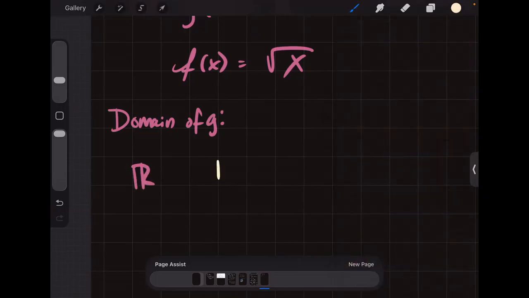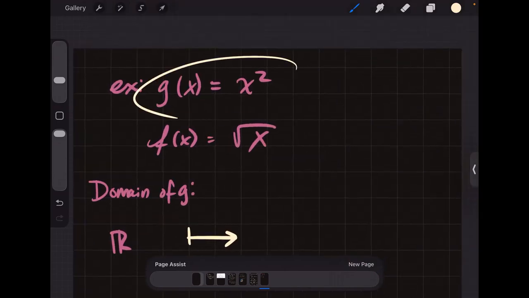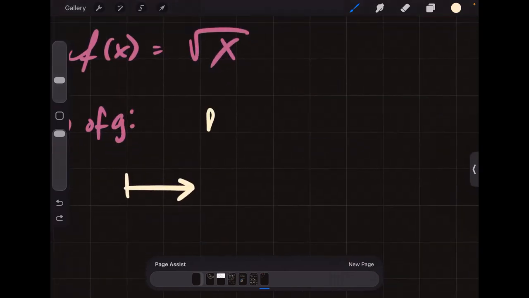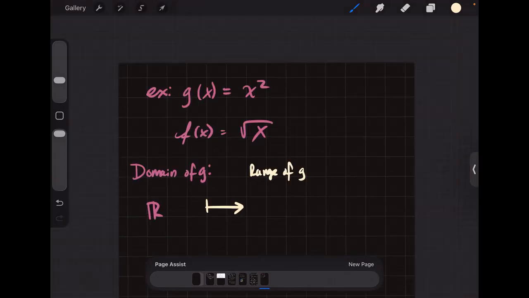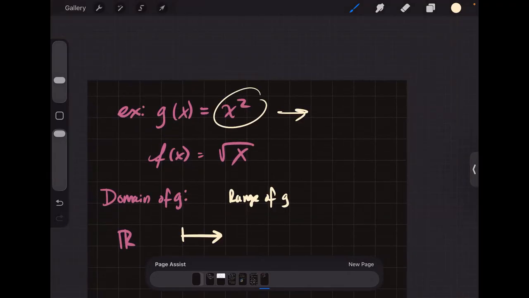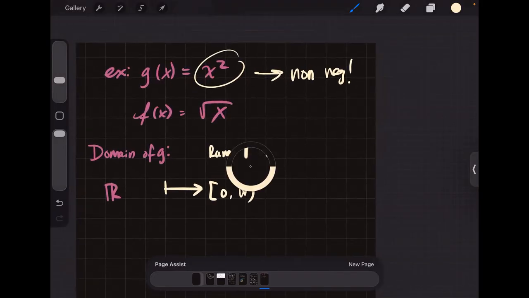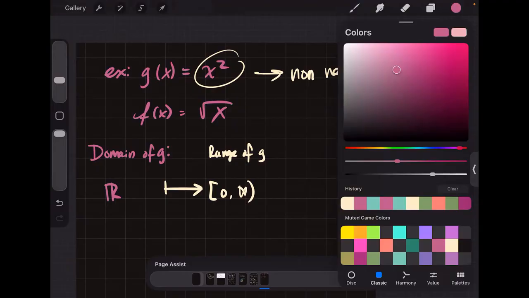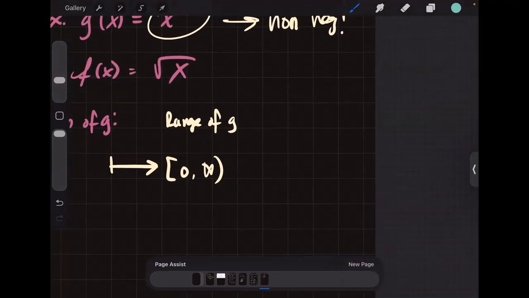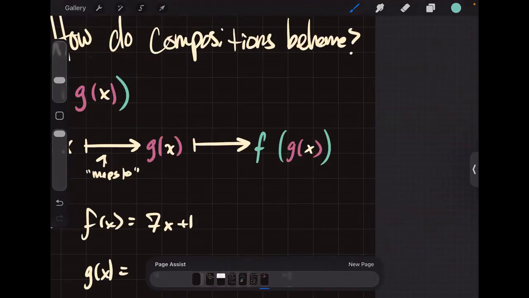And it's going to send it to the range. The range of g is going to be only non-negatives. So it's going to send it to 0 to infinity. And then you're going to square root it, right? This is the new domain of f of g of x, technically, right?